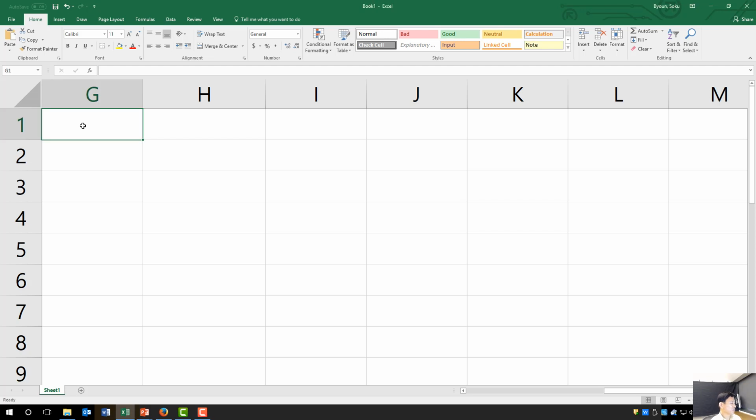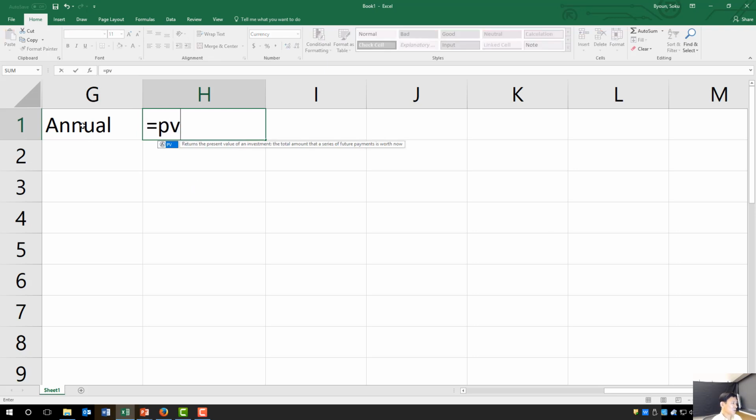Now let me show you how to do this in an Excel spreadsheet. With the annual compounding, as we did before, for future value, the interest rate 9%, 35 years, no other payment, and negative $500 present value.